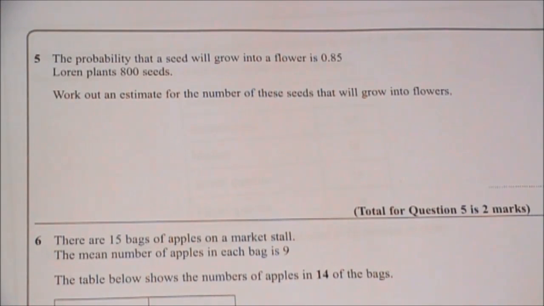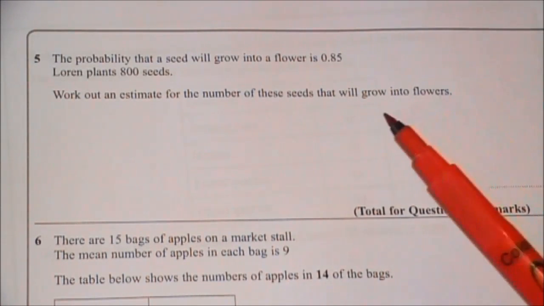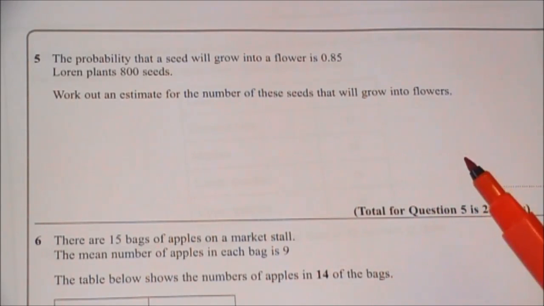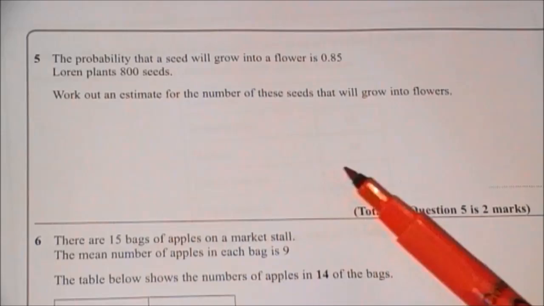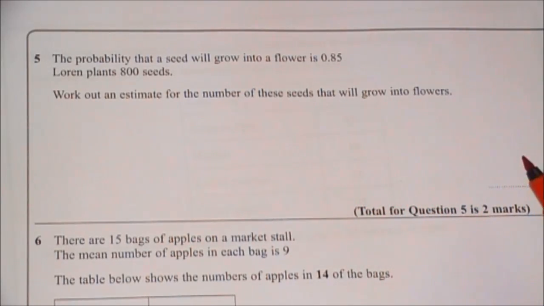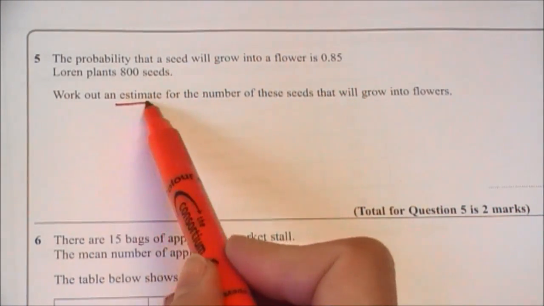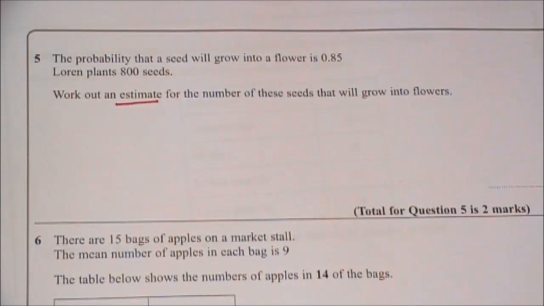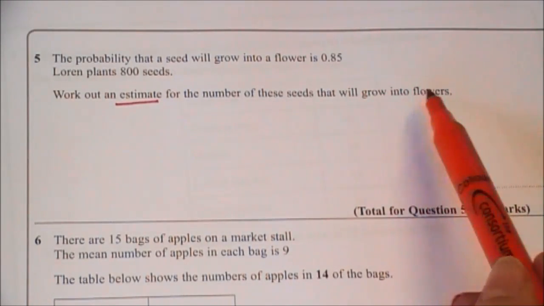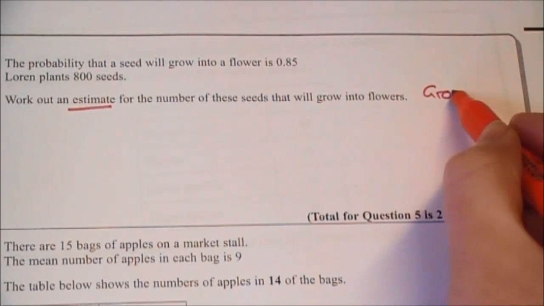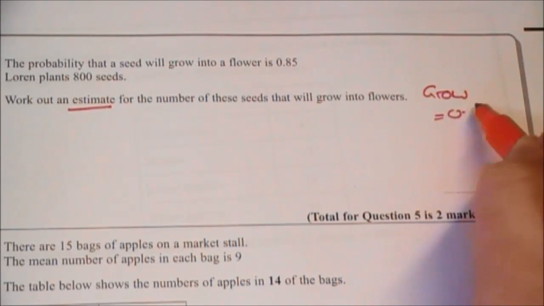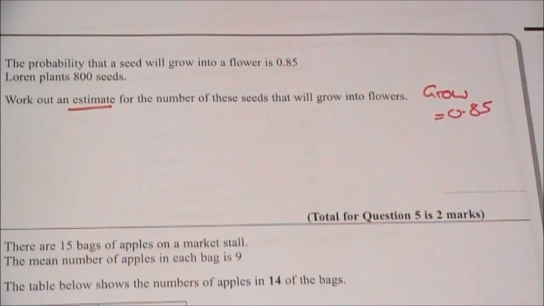Question 5 is a probability question. And it reads, the probability that a seed will grow into a flower is 0.85. Lauren plants 800 seeds. Work out an estimate for the number of these seeds that will grow into flowers. Now I know the probability of something growing is 0.85.